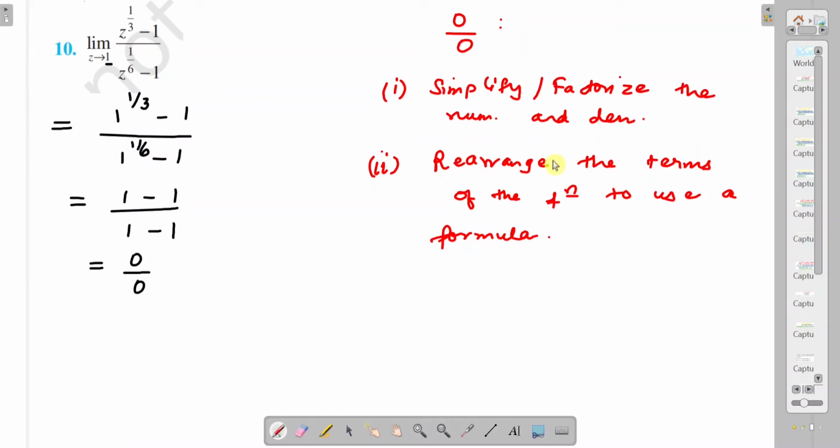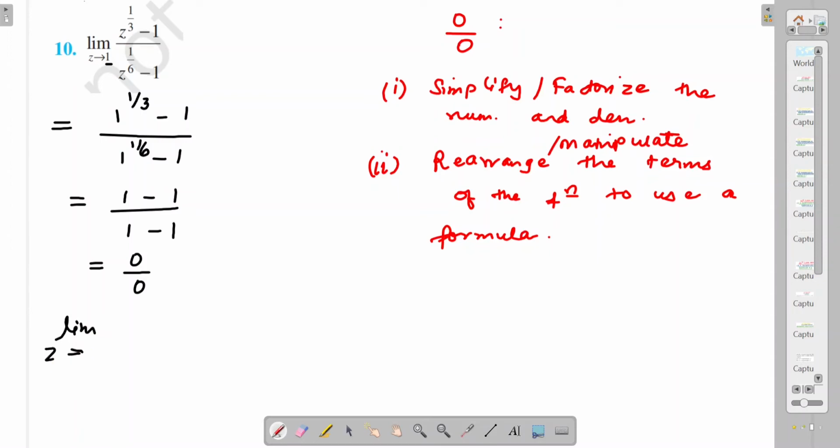Rearrange, or even you can say you have to manipulate, because sometimes rearrangement only won't help. So here you have to manipulate. Now what do you mean by manipulation? Multiplying or dividing some quantity. In that way you can manipulate. So let us see for this problem how you can manipulate.